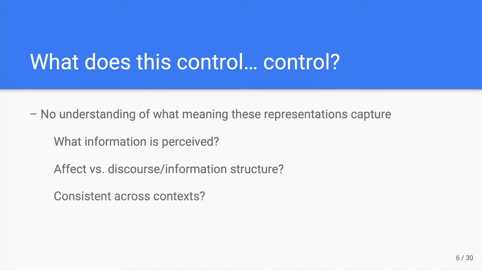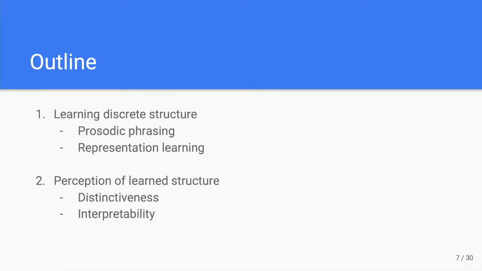In addition, we're also interested in the consistency of our representations across different contexts. The remainder of this talk will be split into two sections. First, I will talk about how we learn this discrete structure to control prosody, and then I'll talk about our experiments to determine what humans perceive in this learned structure.